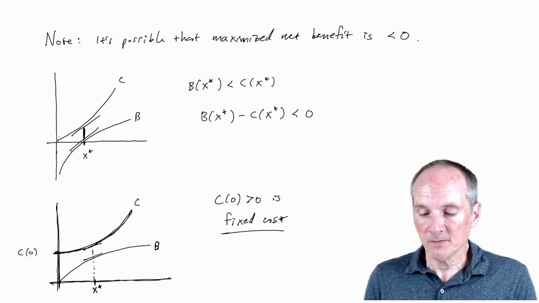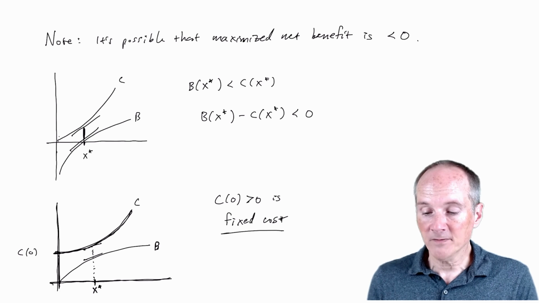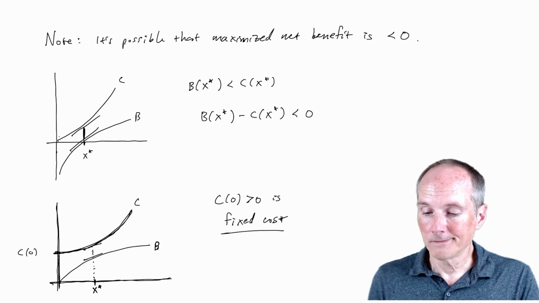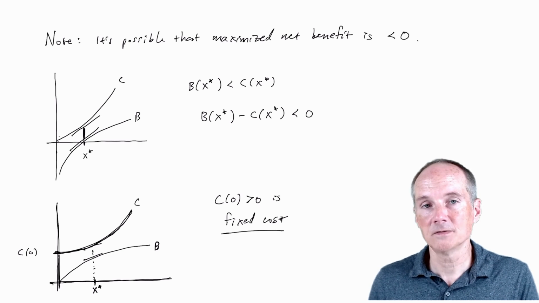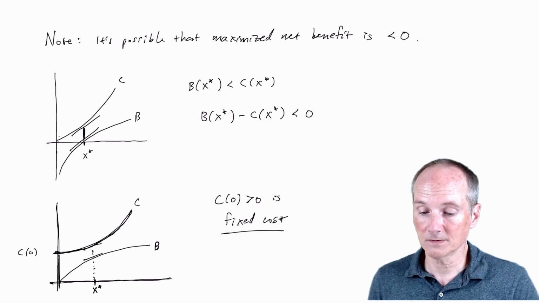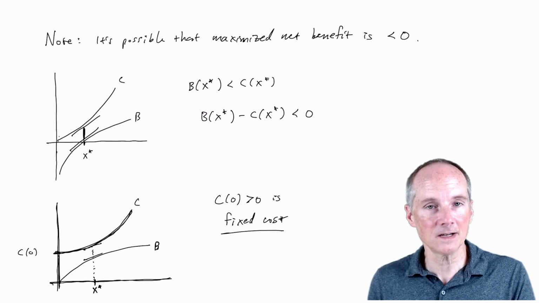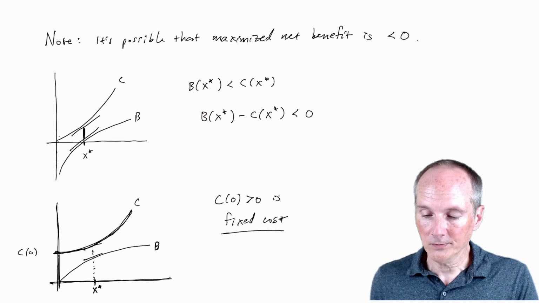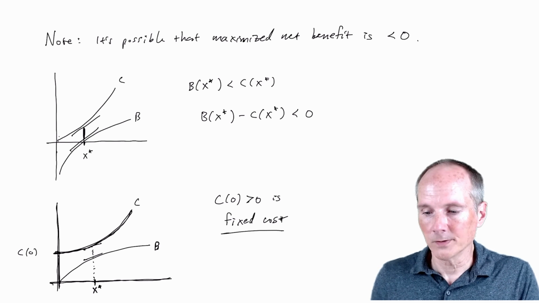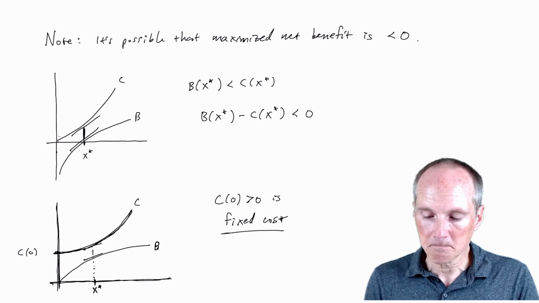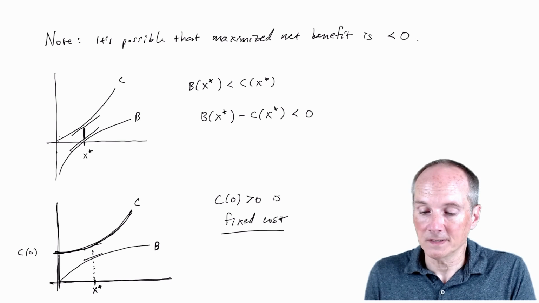A different example, if you want to think about a government agency thinking about offering a new service, it might generate some benefits to citizens, but there could be positive setup costs, just going through the hiring process, having a building, maybe buying equipment that's needed.